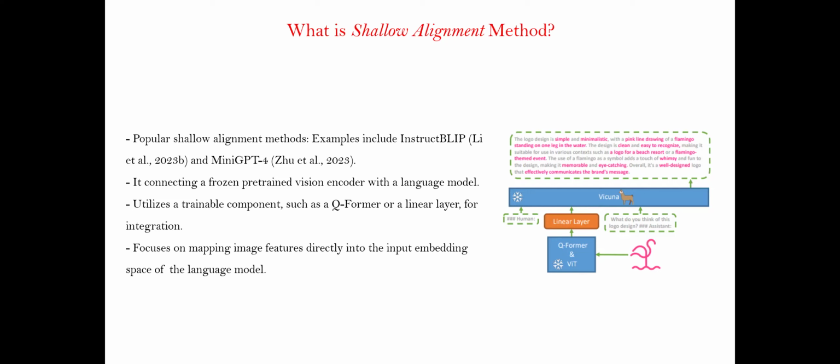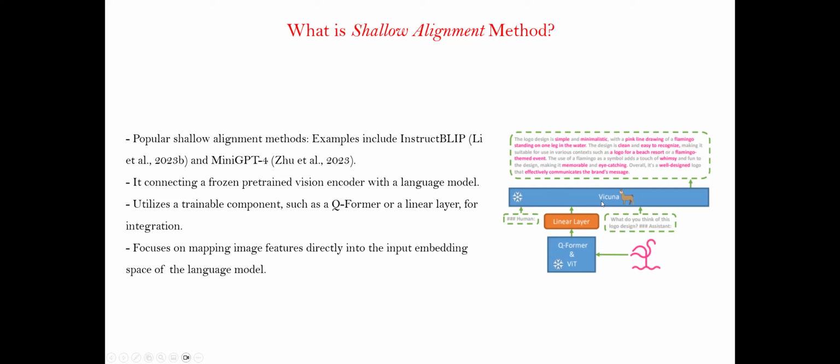That is the reason it is called shallow: we are simply transforming the visual features to the LLM input space, but there is no deep fusion of image features and language features here.